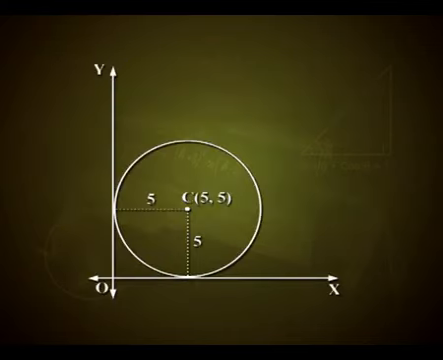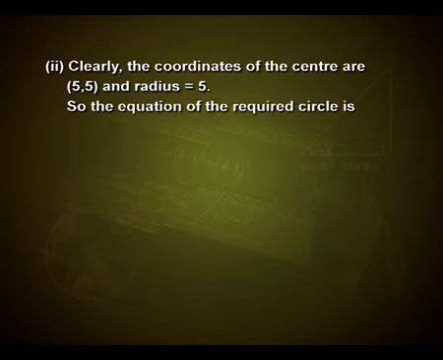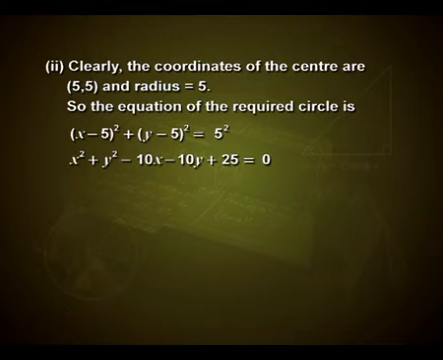For the second part, clearly the coordinates of the center are (5, 5) and radius is equal to 5. So, the equation of the required circle is (x minus 5) whole square plus (y minus 5) whole square is equal to 5 square.